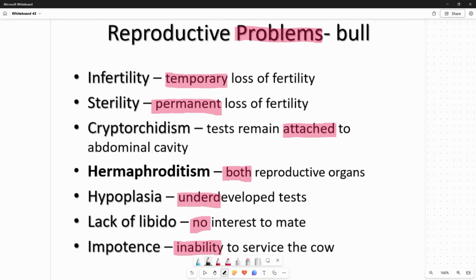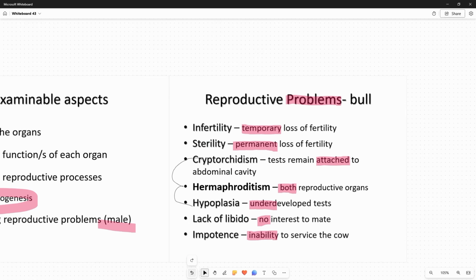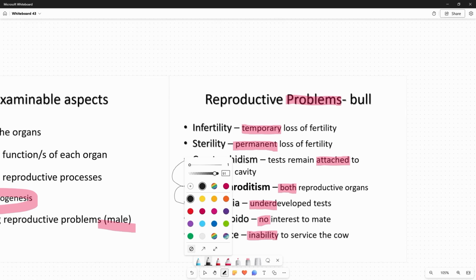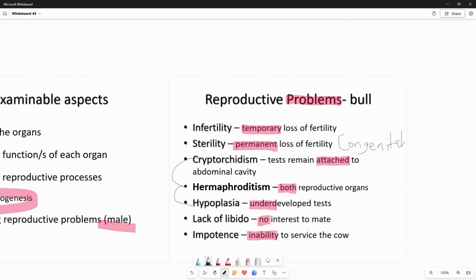So some of these problems, like cryptorchidism, hermaphroditism, hypoplasia, we normally say these problems are congenital. So what do we mean by that? When we say it's congenital, it's something that is inborn. The animal has the problem, and it's affecting the genitals of an organism.